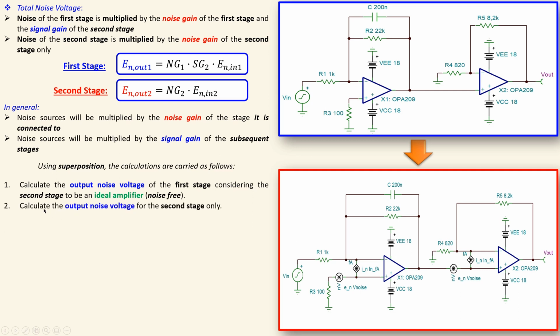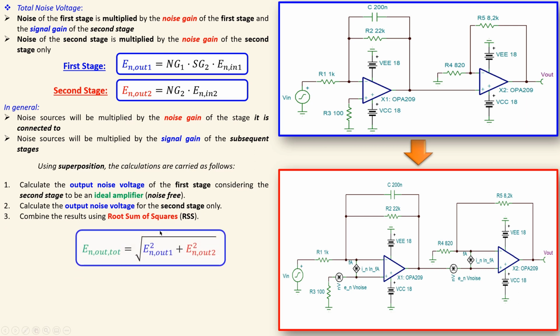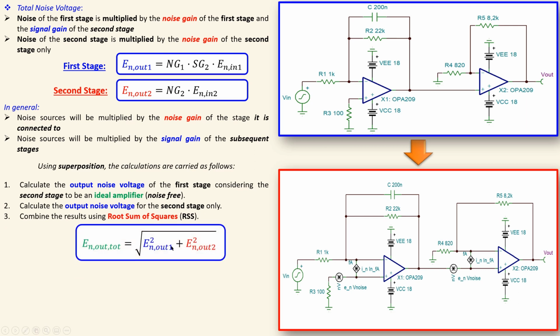The next one is to calculate the output noise voltage for the second stage only. That's actually just considering the second op-amp. And then combine the results using root sum of squares. Now that will be calculated using this formula. This is the part due to the first stage, this is the part due to the second stage, and this is the total.